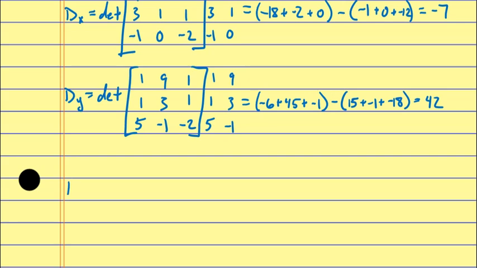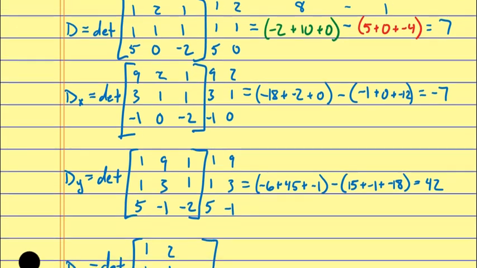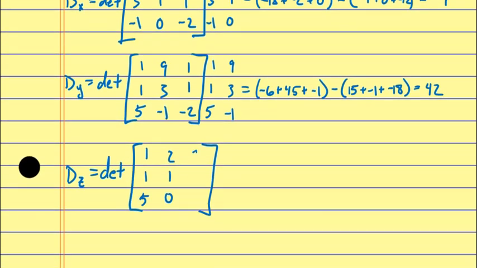And now I'm going to do the same thing for z, okay? So my z matrix is going to be the determinant of, once again, the same 1, 1, 5, 2, 1, 0. But then this last column, instead of being the 1, 1, -2, I'm going to replace with the 9, 3, -1. Okay.